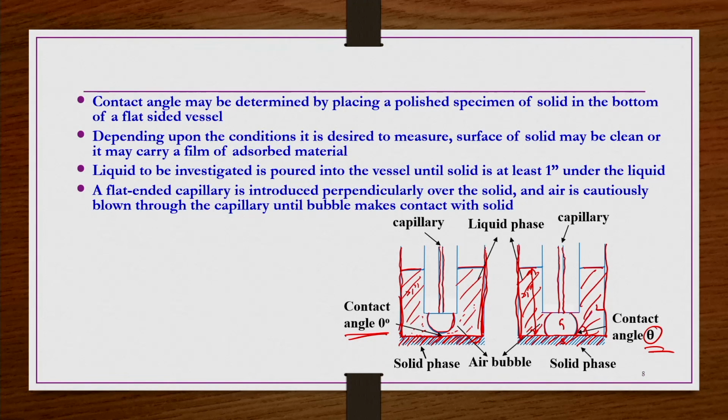So, now you can see the difference here. When there is no contact, or when the contact angle is 0, all three phases are not coming into contact at any point. That is what it means. So, this is the gas phase and then the liquid phase. There is a contact between liquid phase and gas phase, right, but there is no contact between the solid phase and the gas phase.